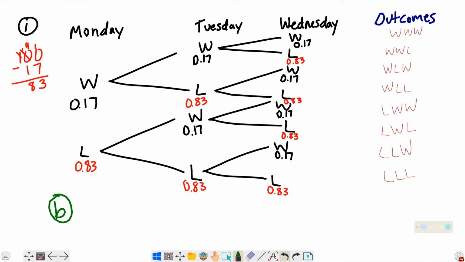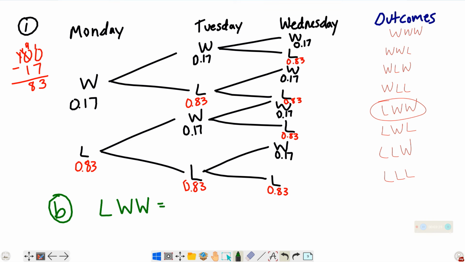Part B says, what is the probability that a player will not win on Monday, so lose on Monday, and win on Tuesday and Wednesday? We're going to look for that one in our table of outcomes. Lose, win, win, which is right here. And we need to calculate the probability that that occurs.